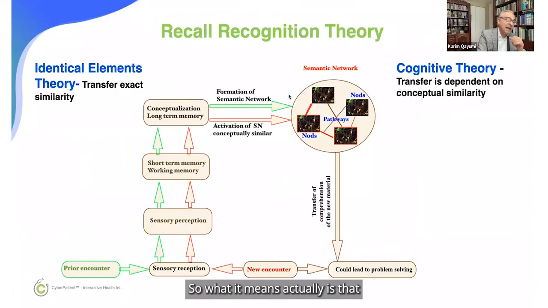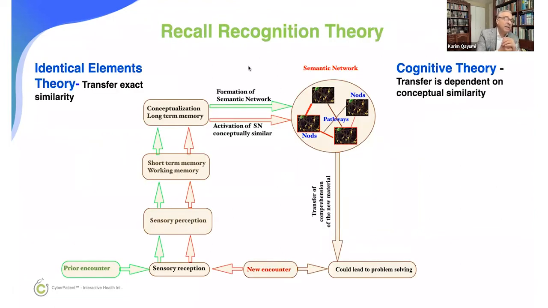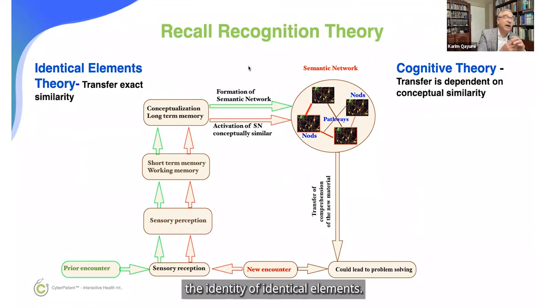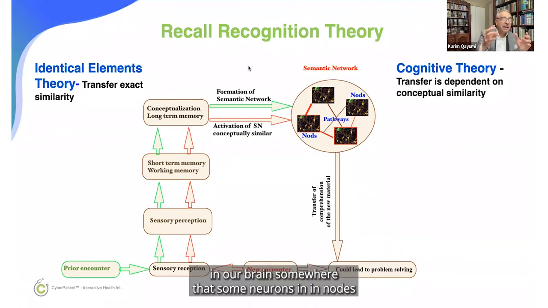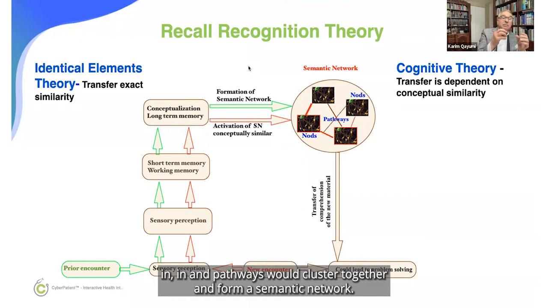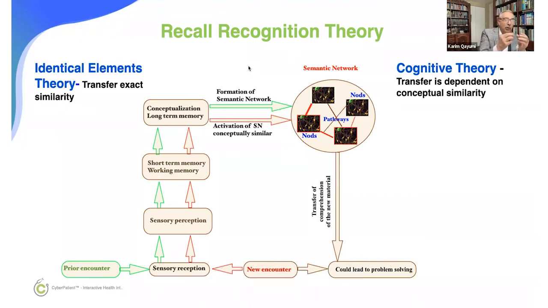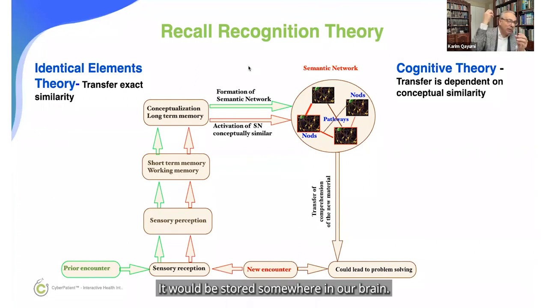So what it means actually is that Hoffding proposed the theory of identical elements. So what he was saying is that if we did something in the past, somewhere in our brain some neurons in nodes in pathways would cluster together and form a semantic network, and it would be stored somewhere in our brain.